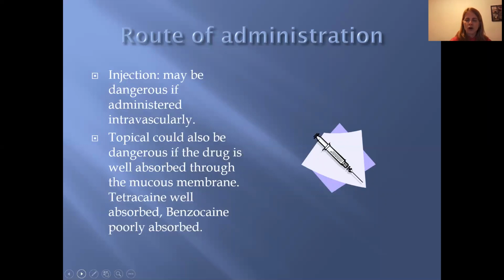Tetracaine hydrochloride is the most potent topical anesthetic. It's very well absorbed. Our benzocaine, which is a 20% solution, is poorly absorbed. It goes through and gives great surface anesthesia for that first 2 or 3 millimeters of tissue, but it's pretty poorly absorbed. Unlikely to have a reaction.